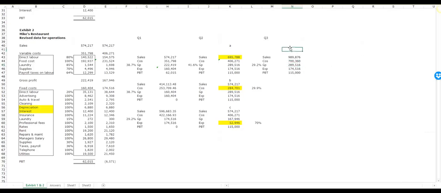So the way that we can calculate that is we could simply go and say, what is the amount by which the sales has increased? So I've got the numerical difference between the two sales numbers divided by where we are coming from, and what that tells us when we convert that to a percentage is that we have increased our volume by 72% in order to create this profit of 115,000.